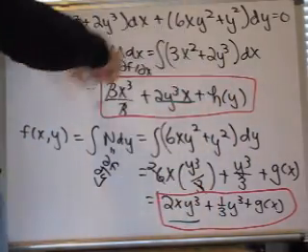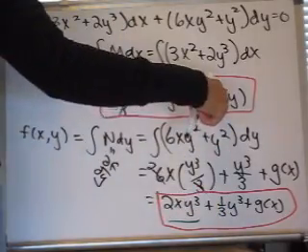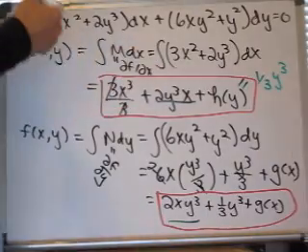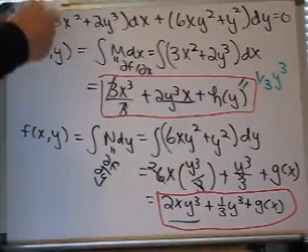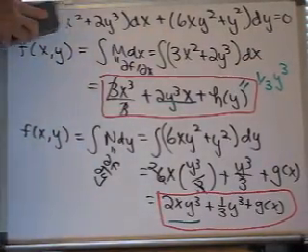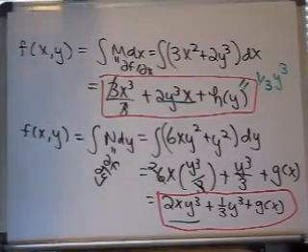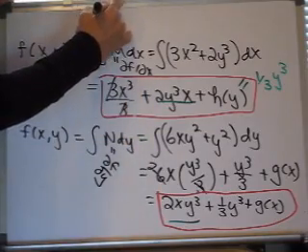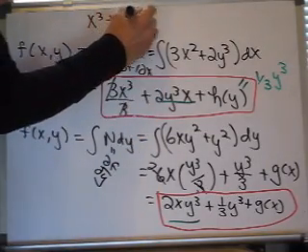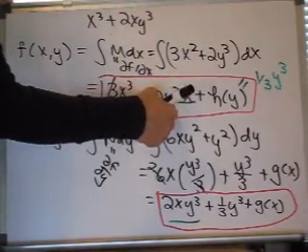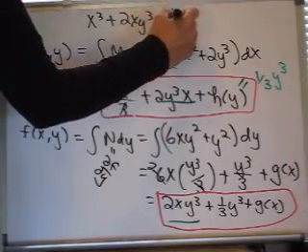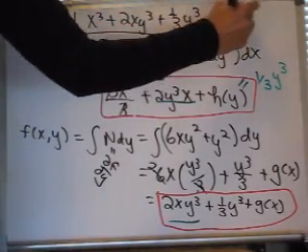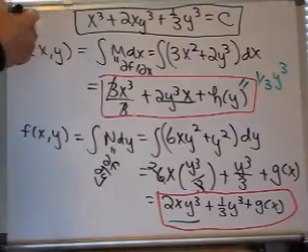So I can use this first function as my solution, substituting this 1/3 y cubed in for my unknown h of y, and then I just need to set this equal to a constant. So the solution is f of x, y equals a constant. It's x cubed plus 2xy cubed, just putting it in a different order, plus 1/3 y cubed equals c, which is the solution to that exact differential equation.